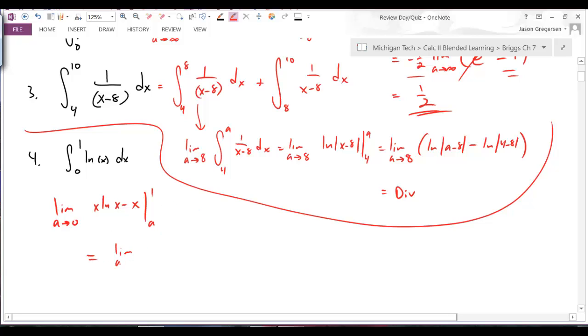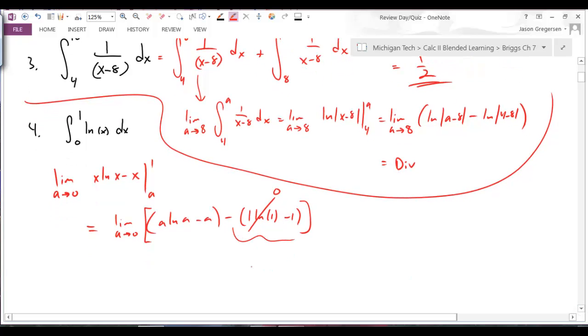So this is the limit as a goes to 0 of a natural log of a minus 1 natural log of 1 minus 1. That piece is 0. The limit of this piece will just be positive 1. The limit of this piece is just 0.